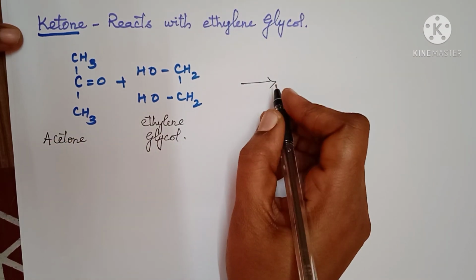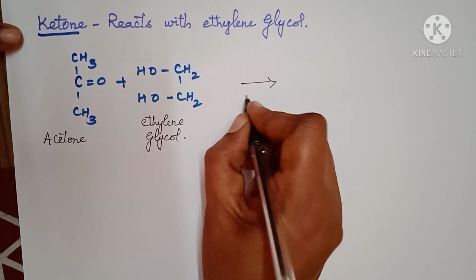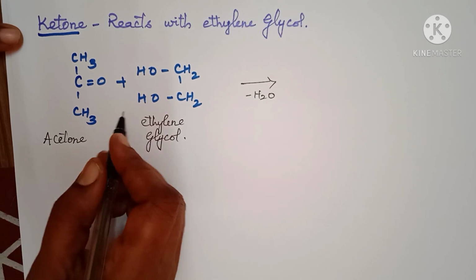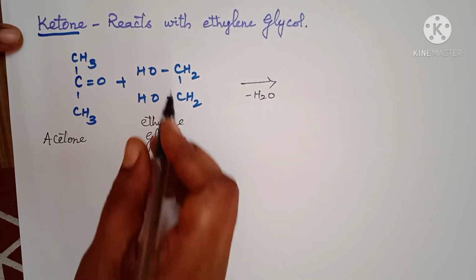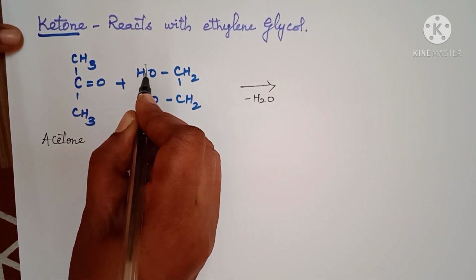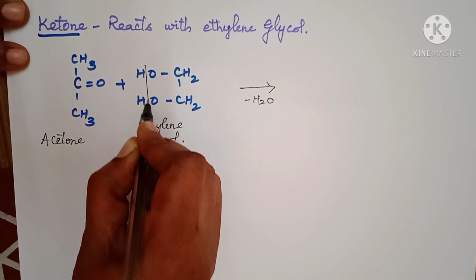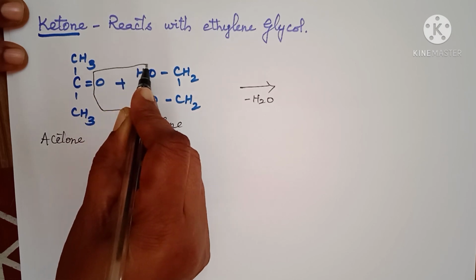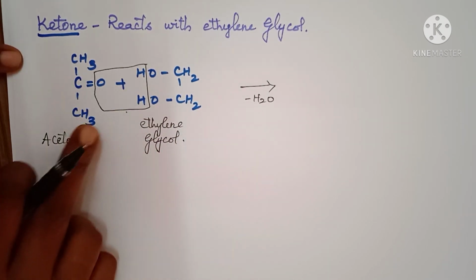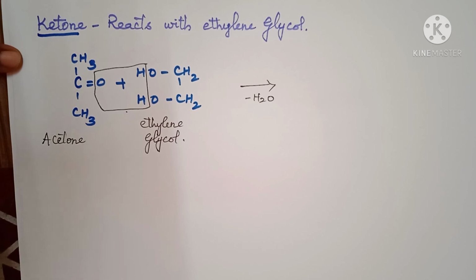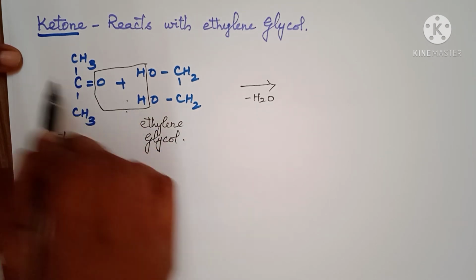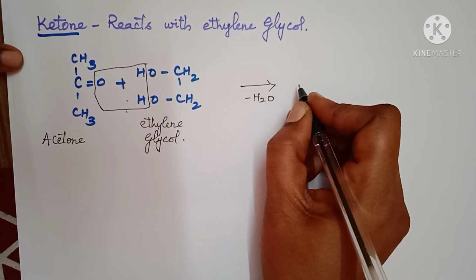It's a removal of water again. The reaction takes place very fast with acetone. Here, H2O, an easy way you can remove water. That is the purpose I have written it like that. Instead of H2O, you just write whatever is remaining.